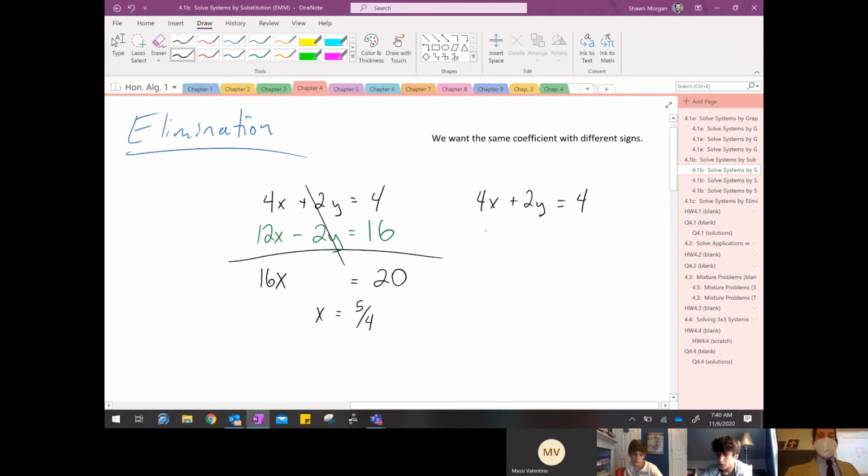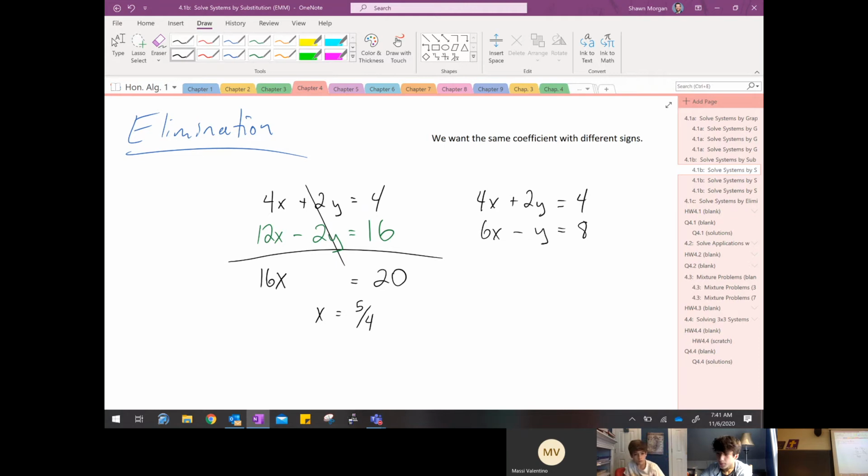All right, what was this? What was it originally? 6x minus y equals 8. That's what it was originally. So if I eliminated the y variable, now I want to try and eliminate the x variable. Can you guys figure out the least common multiple of those two coefficients in the x column?